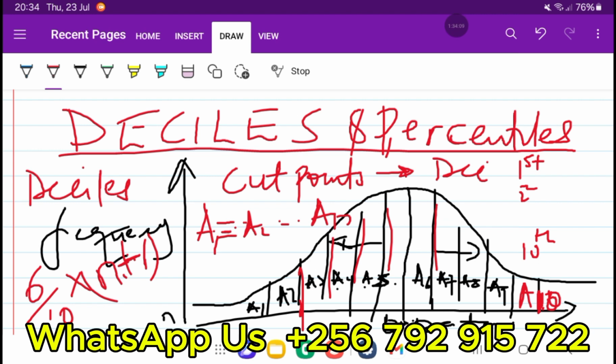So that's why we don't take that n plus 1, because n plus 1 will be giving you a positional item. We just take the total frequency as our n. So summation f will actually be our n. So that's basically what I wanted to talk about as far as the ungrouped.